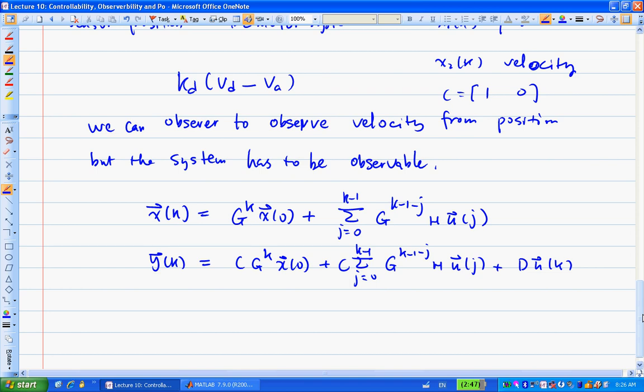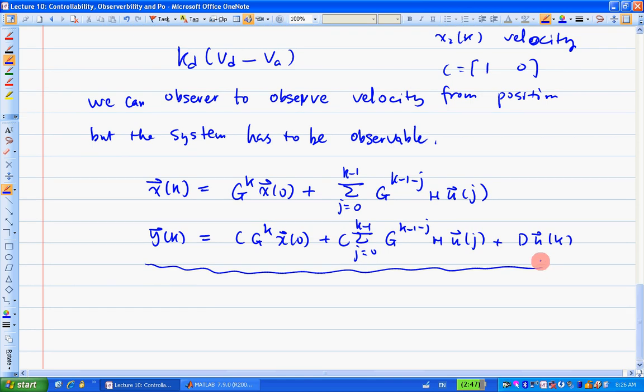So what does this second expression tell us? Let's imagine the actual control situation. You have a system, and you put some control input into the system. This u of k represents the control input. You put in u of 0, u of 1, up to u of k, so you know what it is.